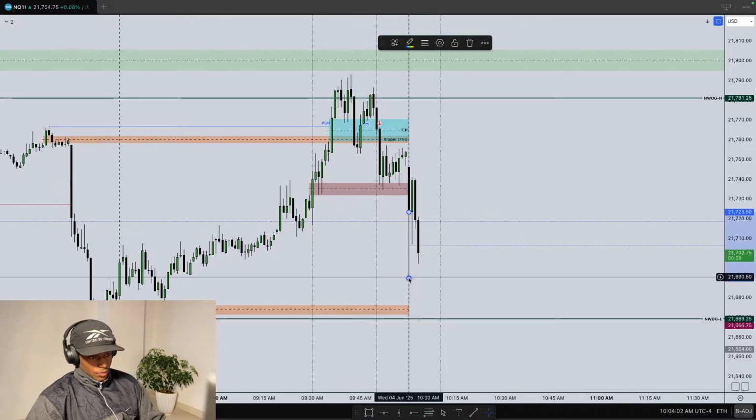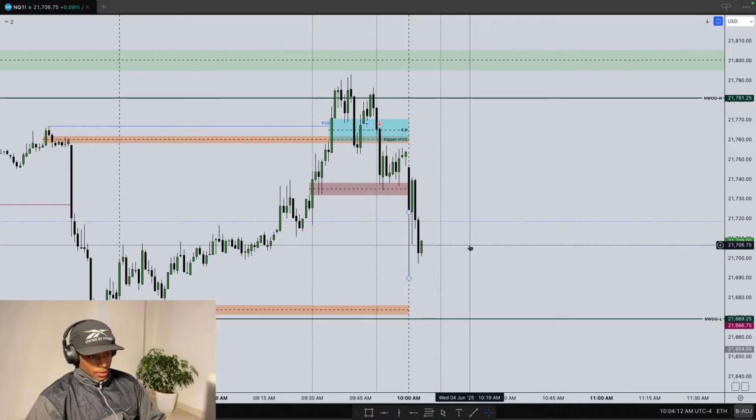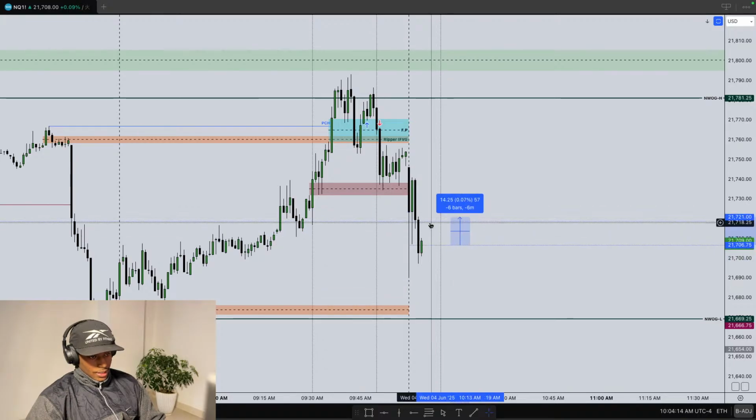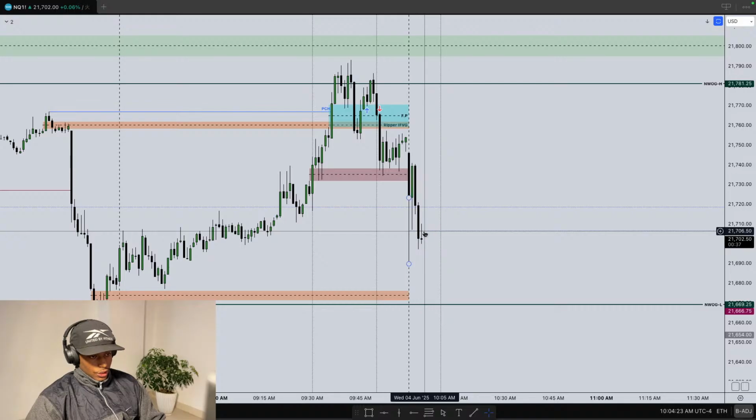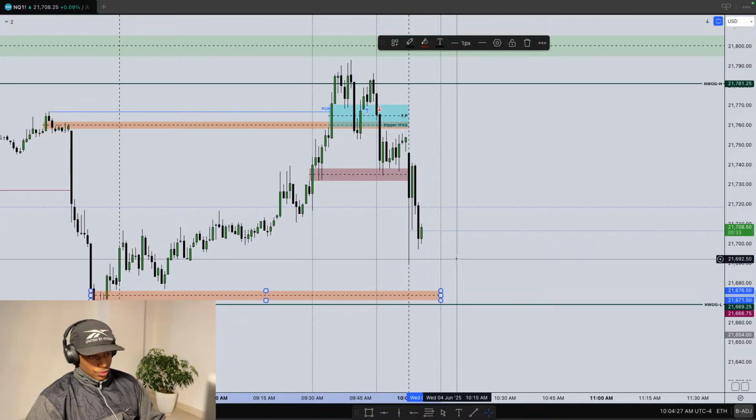Okay, that's nice. We just closed below the week's consequent encroachment. I still don't want to take any shorts from there because my stop loss would need to be right here, and I wouldn't be very comfortable with that. But we are most likely going to use that and start going lower if we are to do so.